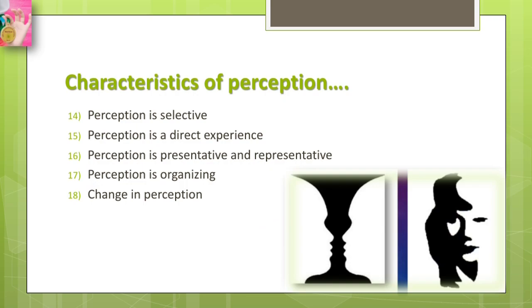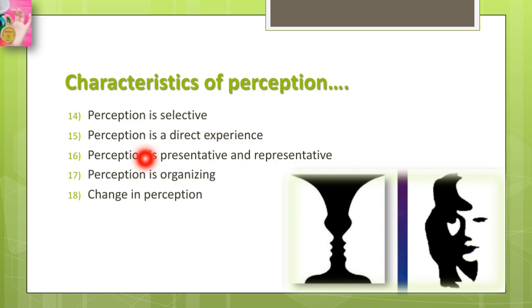So selection in perception depends upon personal likes and dislikes, interests, needs, motives, readiness or set, and other subjective, objective, social, and cultural factors. And perception is a direct experience. Perception is a direct experience with a person's object or even through a group of sensations.